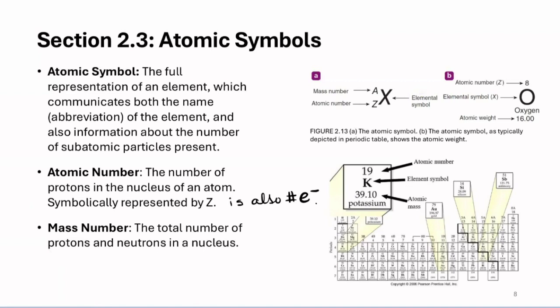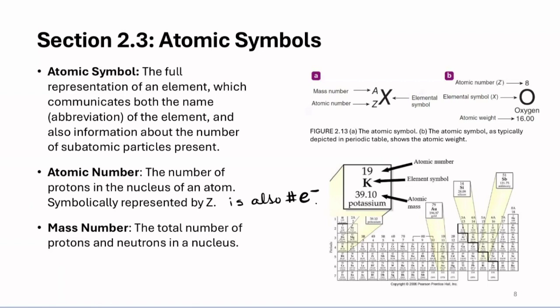Then it also shows you the atomic number, meaning the number of protons in that atom, and it gives you the mass number, which is the rounded atomic mass that illustrates the addition of protons and neutrons in an atom.